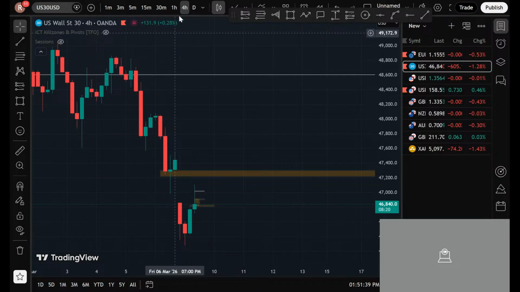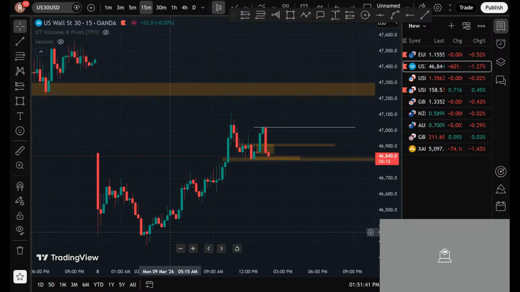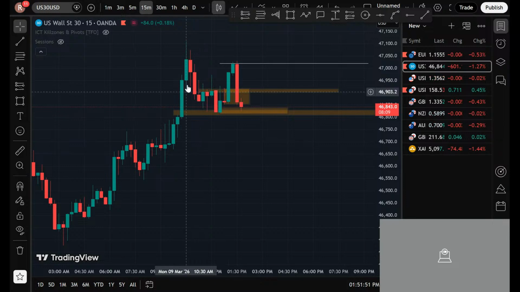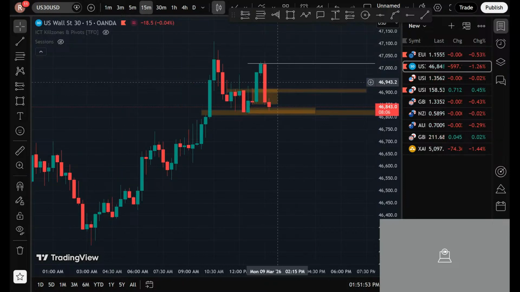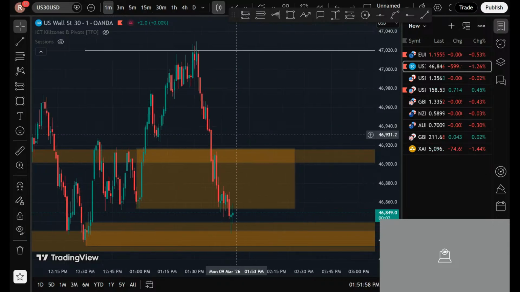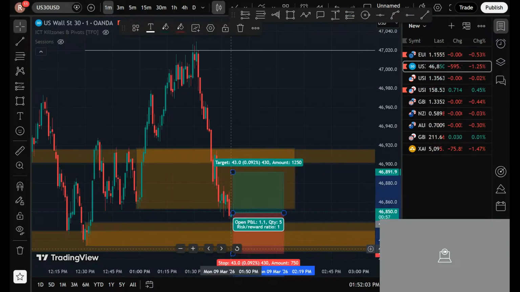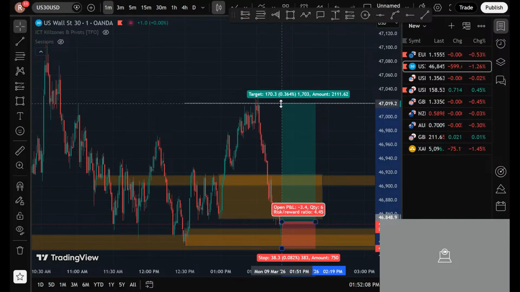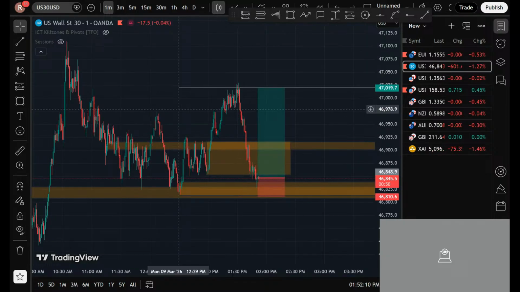4 hour possible selling area, 15 minute series of weak buyers and strong sellers are also coming strong, but sellers were kind of strong. But still, this is the area, but this would be the possible scenario.